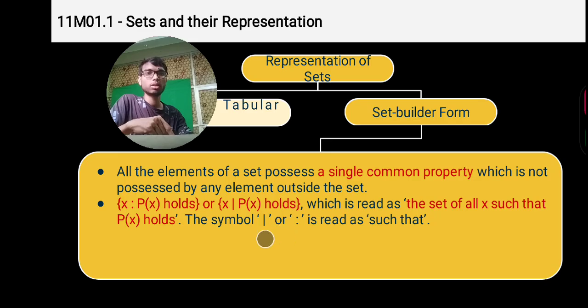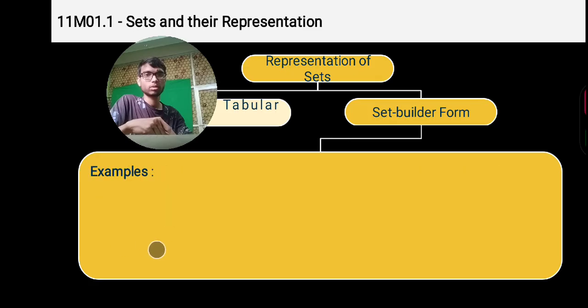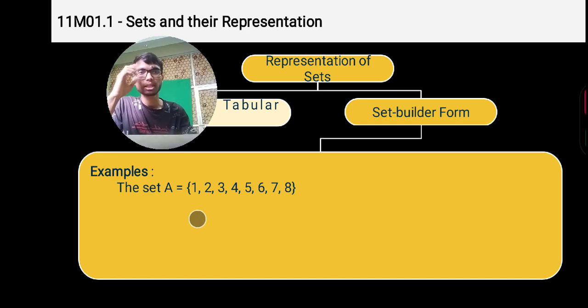Here the symbol is read as "such that": x such that p(x) holds. Example: we have this set A. With a real example we are understanding. In this set A, we have 8 elements.